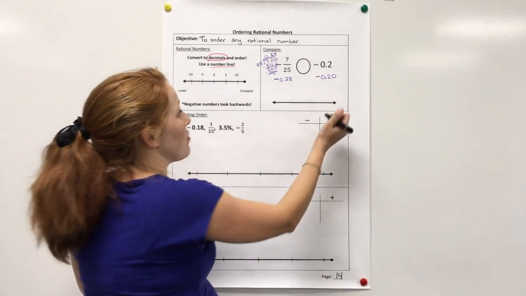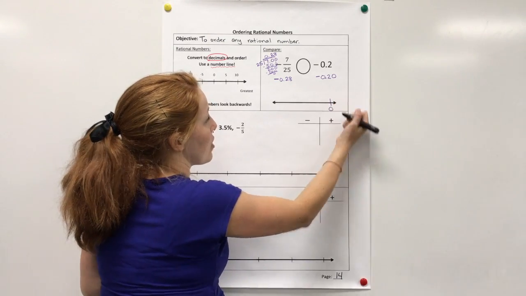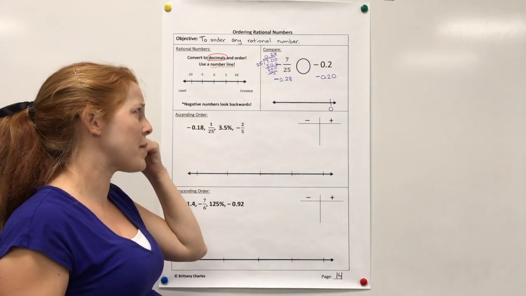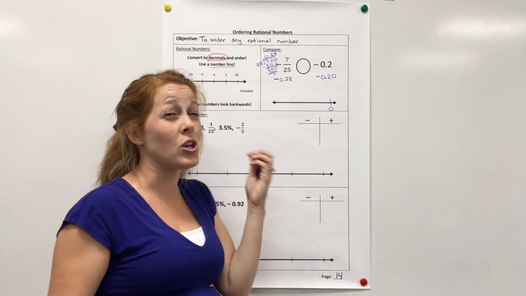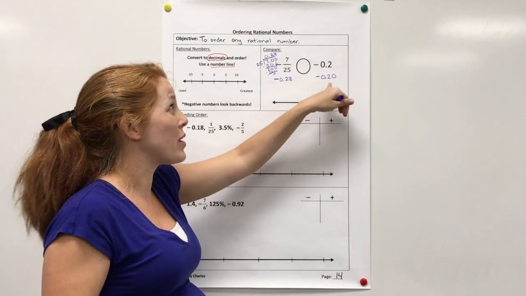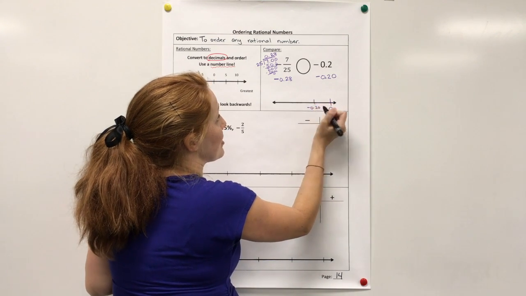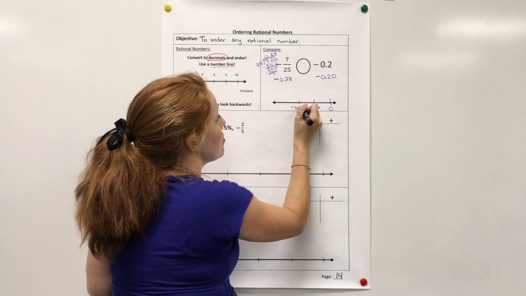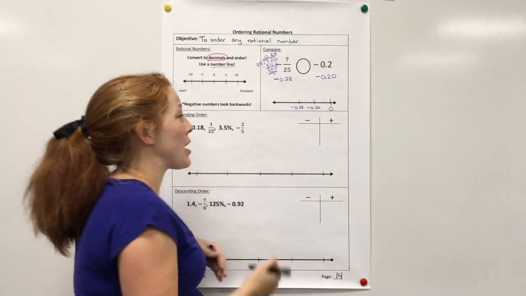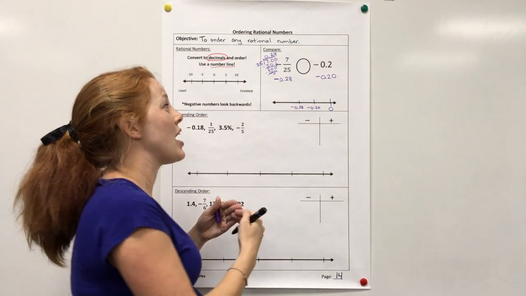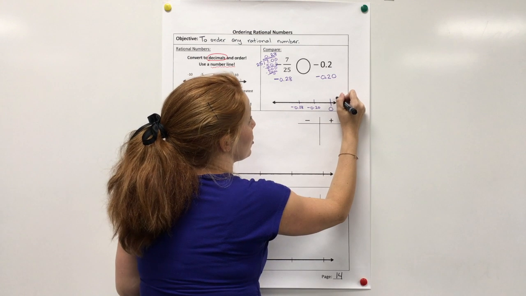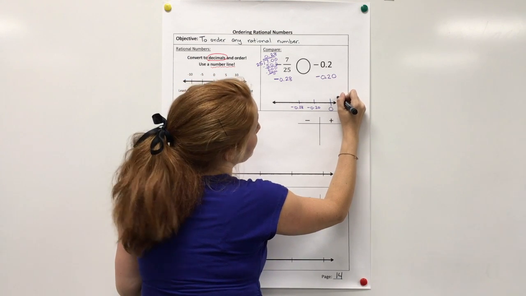Again, they're both negative, so I can imagine 0 being all the way over here. I think in my head, which of these would be closer to 0? Well, 20 would be closer to 0, and 28 would be a little bit further out. So now when I'm comparing these, remember on a number line, here are your larger numbers, the greater numbers.